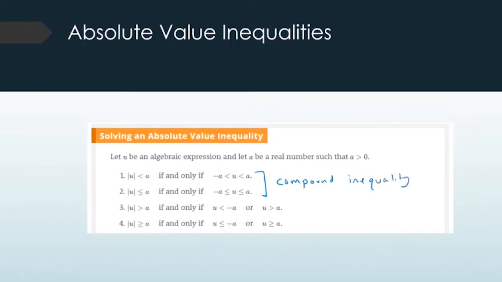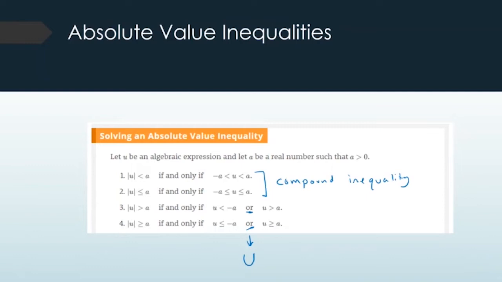And if it's a greater than or greater than or equal to, it creates two separate inequalities separated by an or. The or is important for finding the solution because or means we are unioning the solution. It can be one or the other. So we're not looking for any overlaps of solutions.